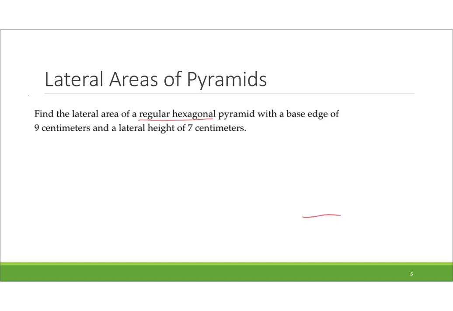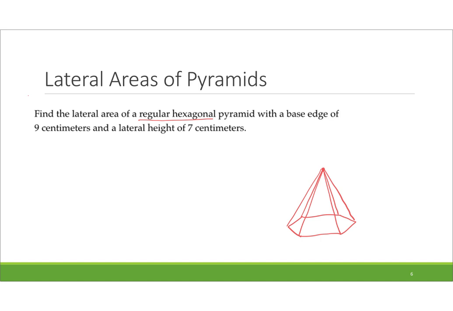Now, how do you draw pyramids? Well, you draw your base about as flat as you can, and then you draw your vertex. And then you hope that everything's going to work out nicely. And that's about the best you can do.